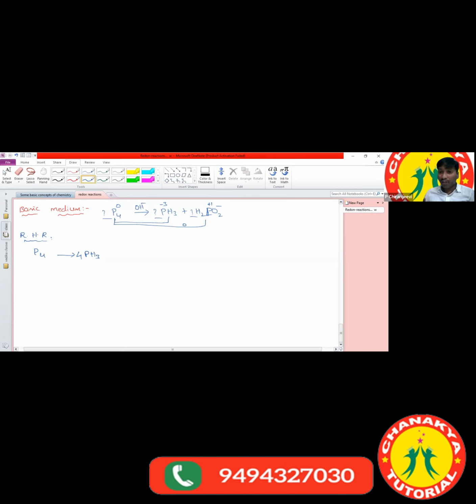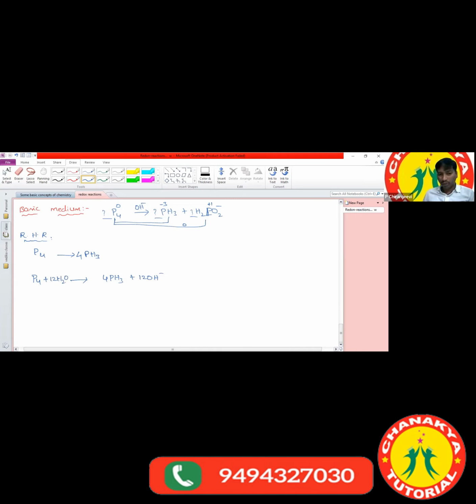Wherever the excess hydrogens are, on that side we add that many OH minus ions. On the right hand side we have 12 hydrogens, since 4 PH3 gives 4 times 3, which is 12. That means you add 12 OH minus. On the opposite side, equal to the number of OH minus ions you added, you add that many water molecules. Now 12 H2O.